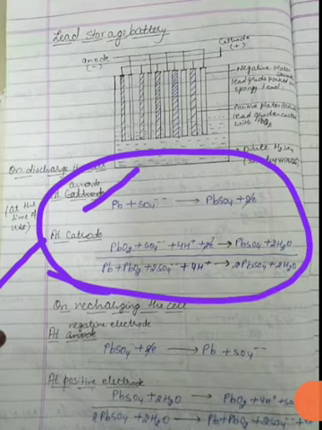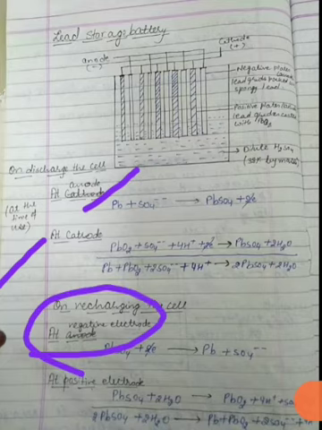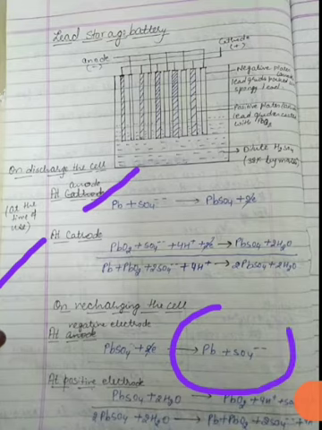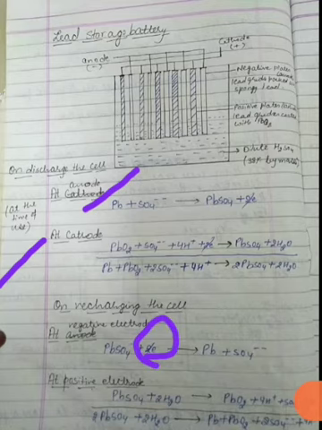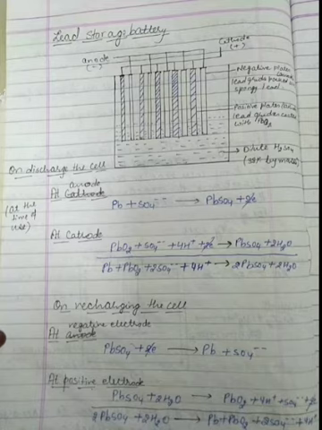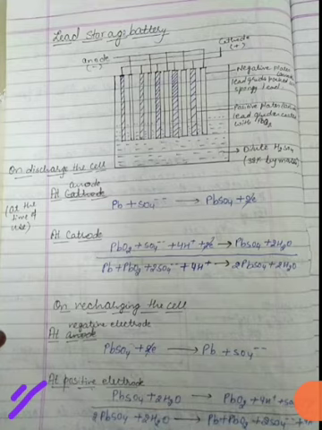But when it is disturbed and we recharge it, what happens? At the negative electrode, PbSO4 converts into Pb plus SO4 2-, with 2 electrons. At the positive electrode, PbSO4 plus 2H2O converts into PbO2 plus 4H+ plus SO4 2- plus 2 electrons. The positive electrode is then the anode, and the negative electrode is the cathode.